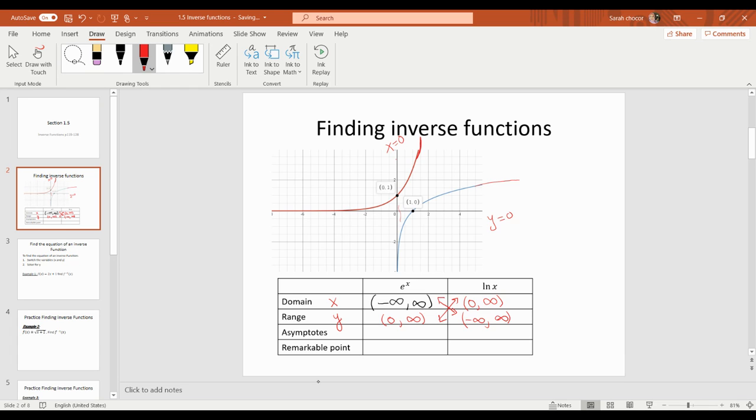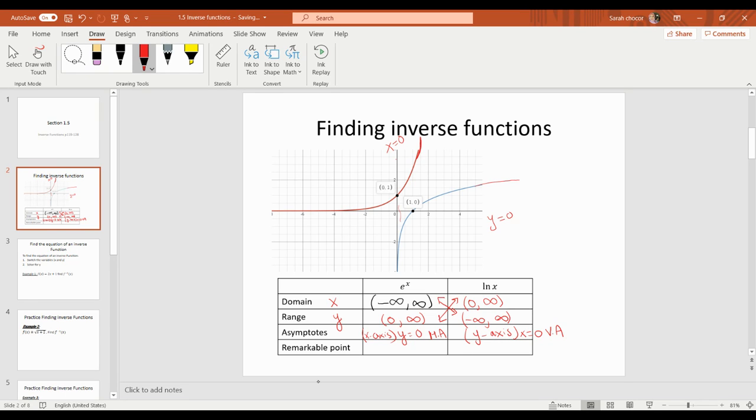Now let's see how that is going to help us. For the asymptote, for the red graph, we just said it's the x-axis, which has the equation y equals 0. And this definitely would be a horizontal asymptote. And for log, it has the y-axis, which has the equation x equals 0 and is a vertical asymptote.